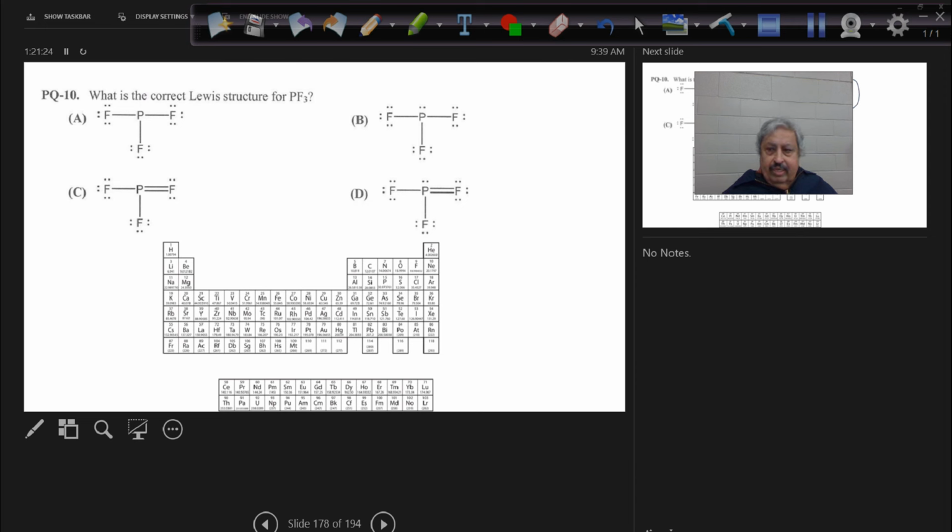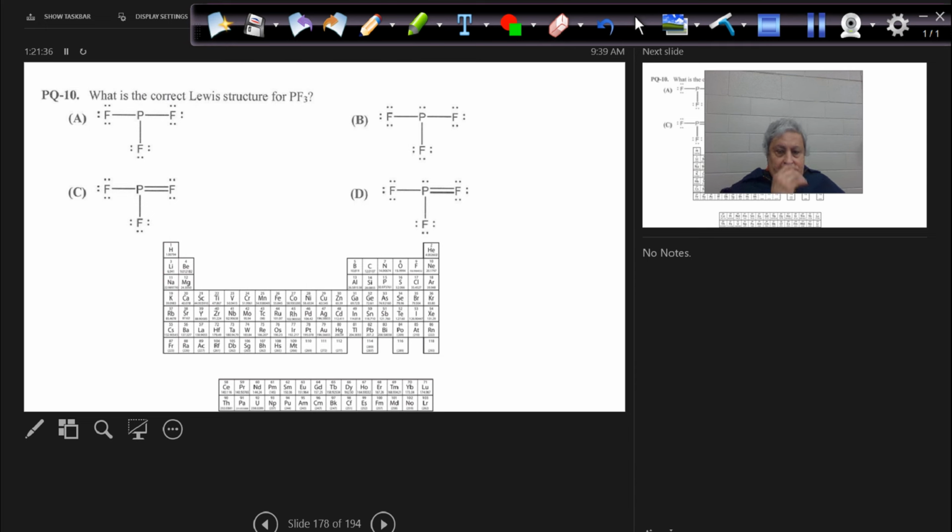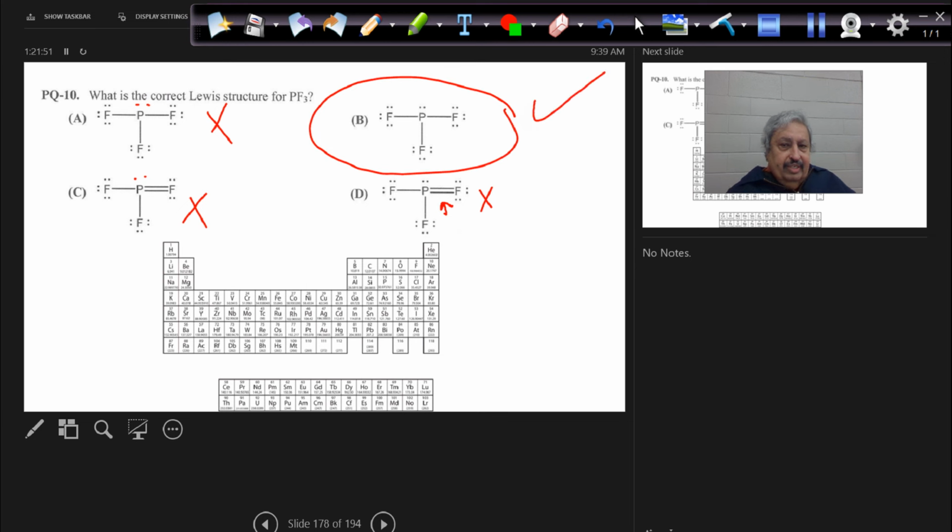Yes, so tell me what's the answer here. What is the Lewis structure for BF3? So the phosphorus will have, here it is missing what? Missing 2, because that's 5, so that's not correct. Here is missing 2, that's not correct. Here is missing, but it has more. That's not correct. The only one that is correct is this.